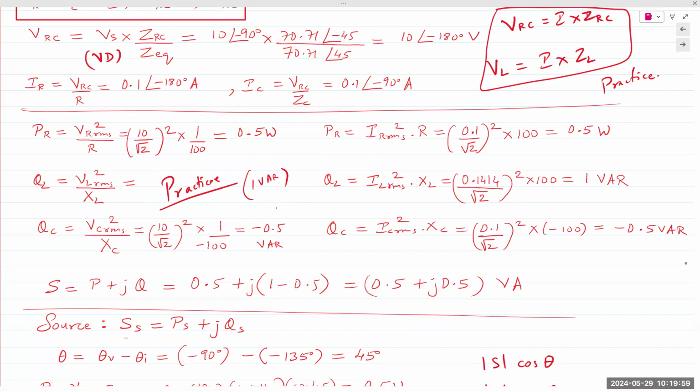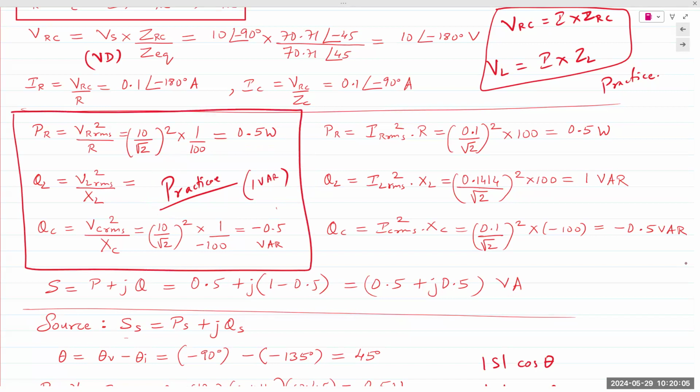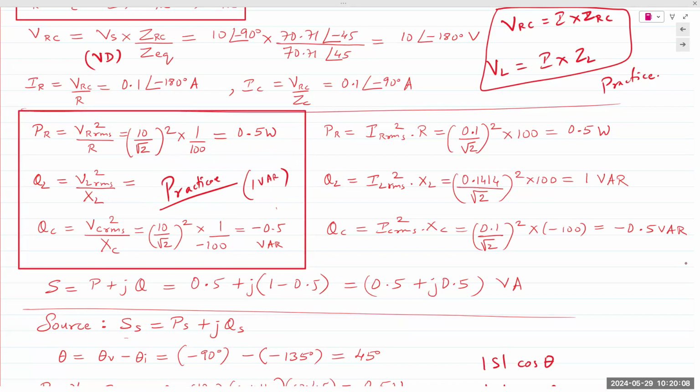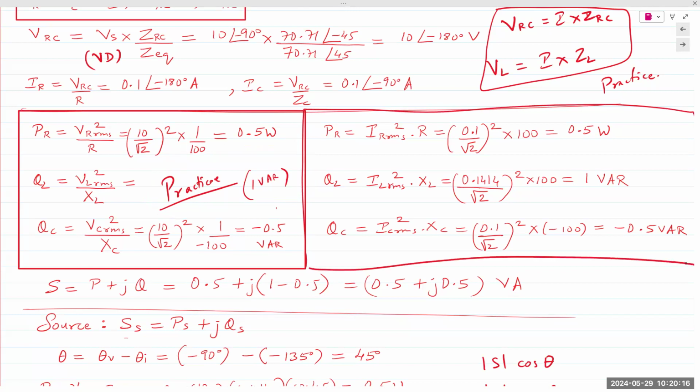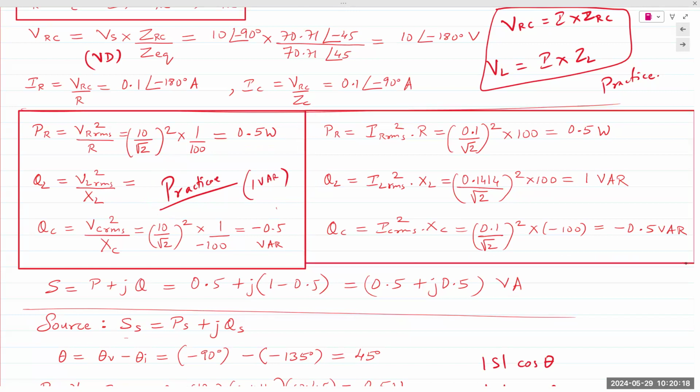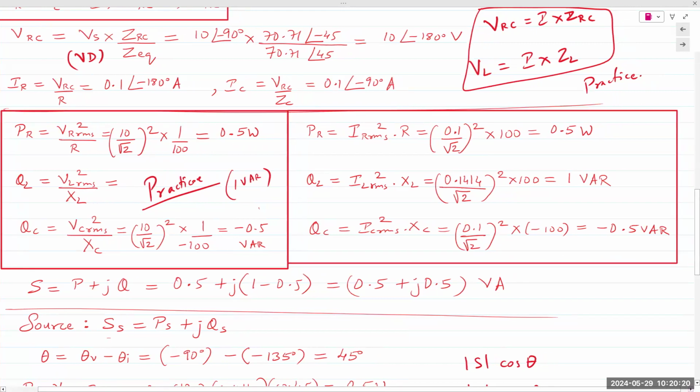So on the left here are the set of equations where we use voltages to determine our power. And on the right, we have the currents that we use to determine the power.